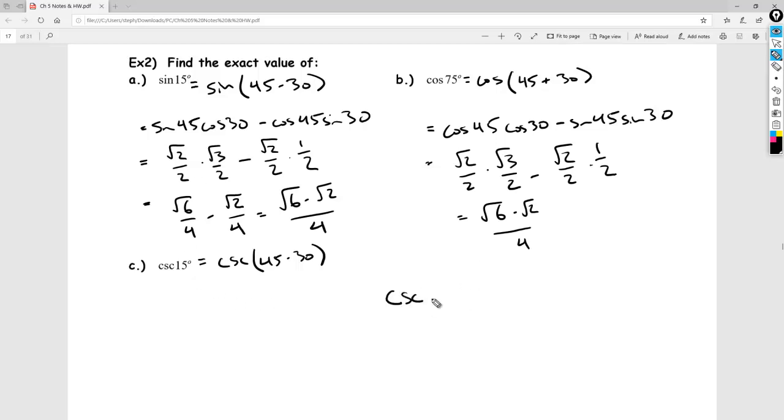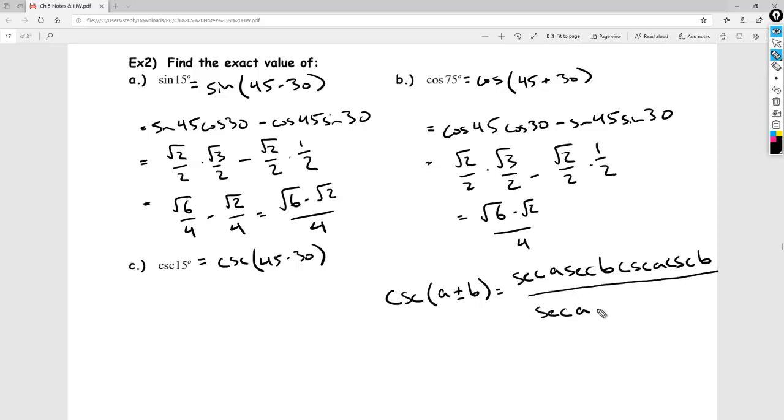Cosecant of A plus or minus B is secant of A, secant of B, cosecant of A, cosecant of B, all divided by secant of A, cosecant of B, plus or minus cosecant of A, secant of B. There's a lot going on here, so don't get messed up by this. Honestly, this is not something I'm going to ask you to memorize. It's just something that you have to know how to use.